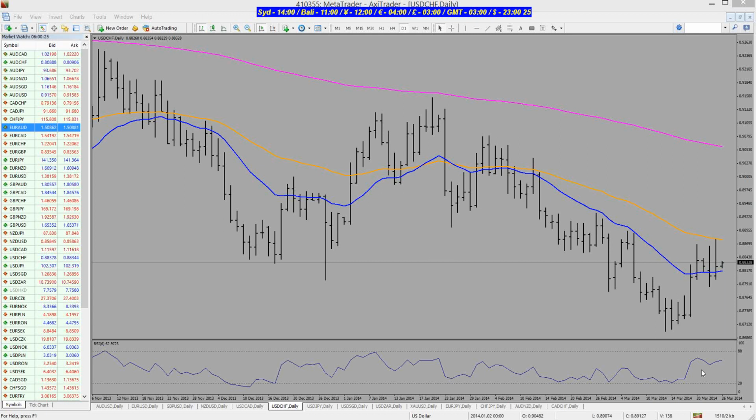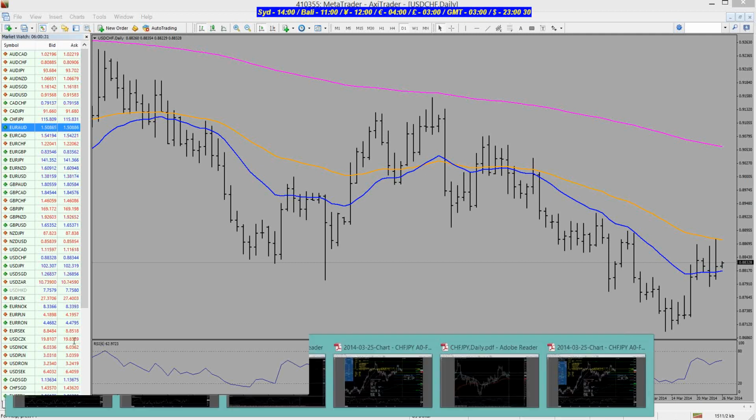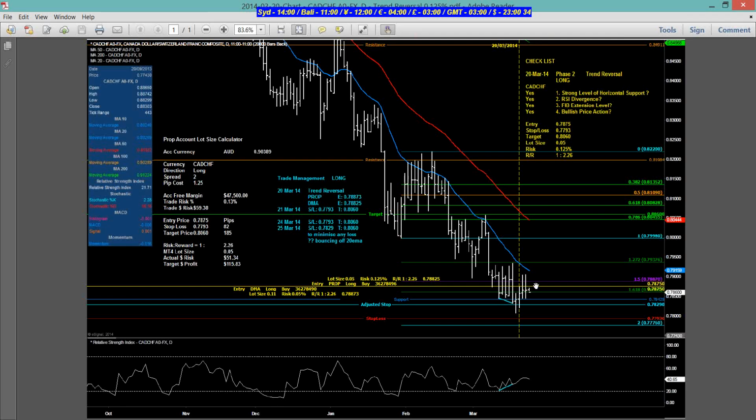Trades: CAD Swiss entered on the 20th of March. Okay, it hasn't really gone anywhere. It hasn't really moved, but it hasn't disappeared either.